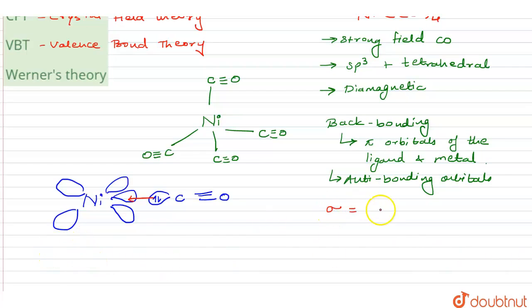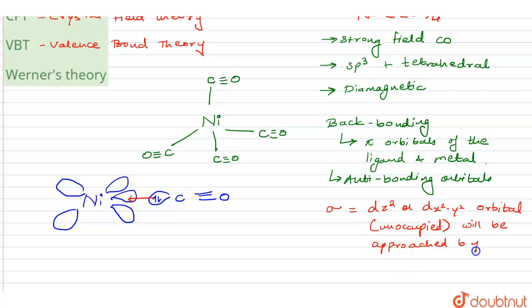Let me write it over here. This sigma bond would be formed when either the dz square or the dx square minus y square orbital, which is unoccupied, will be approached by the highest occupied molecular orbital, abbreviated as MO, of carbon.